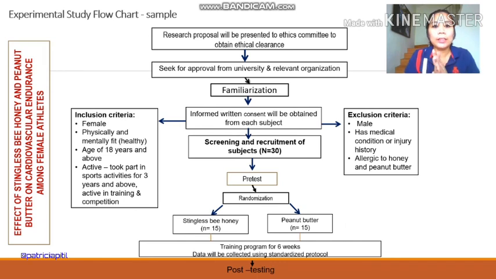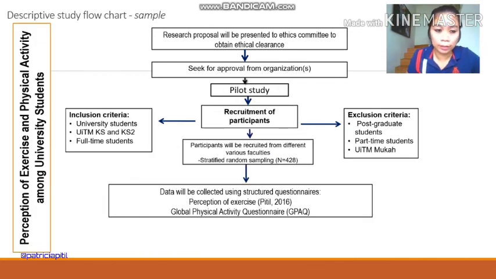In this subsection 3.5, we should include a flowchart to illustrate your whole journey. This is an experimental one. We go directly to the descriptive study, which is a questionnaire, perception of exercise and physical activity among students. So we look at the first box. You have to mention the research proposal and then approval from any organization, if any.